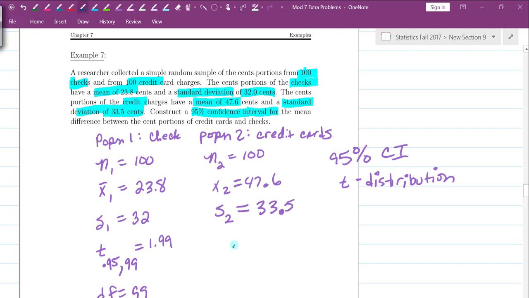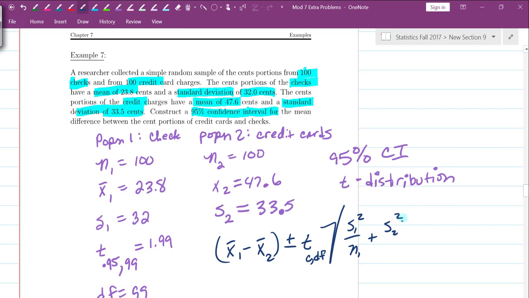We have x bar 1 minus x bar 2 plus or minus our critical value. So that's z sub c. Or nope, sorry, that's t sub c comma df.